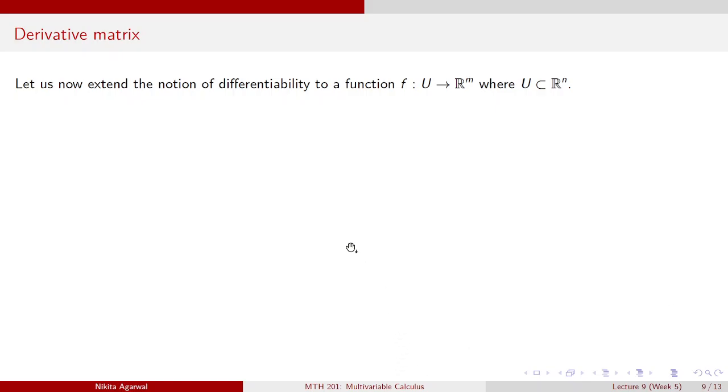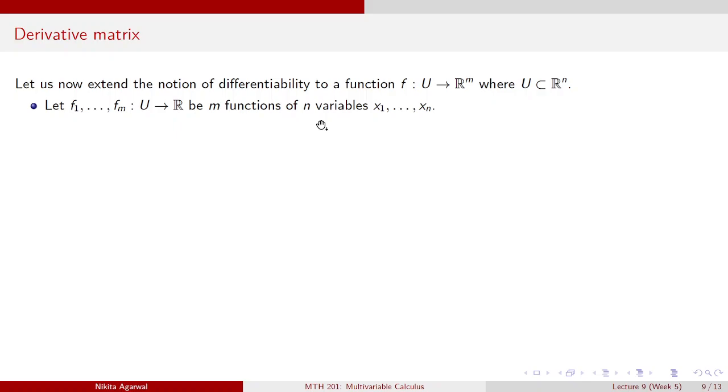Let us now extend the notion of differentiability to a function f whose domain is a subset of Rn, so the function goes from Rn to Rm. So let f1 through fm go from U, which is a subset of Rn, to R, and these are m functions of n variables, right?